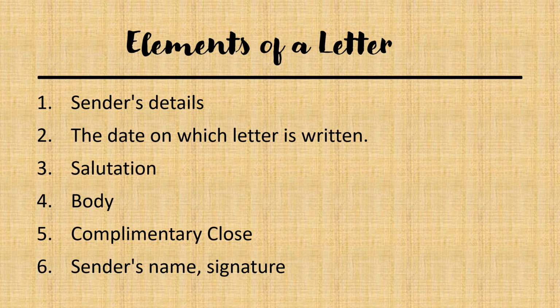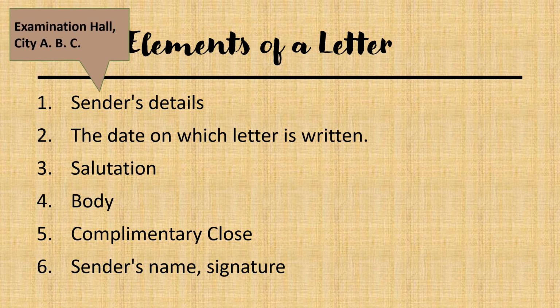In sender's details, we write the sender's address and date at the top left-hand corner with correct punctuation marks. We write, for example, Examination Hall, City ABC. Examination's E is capital, Hall's H is capital, and there is a comma after it.